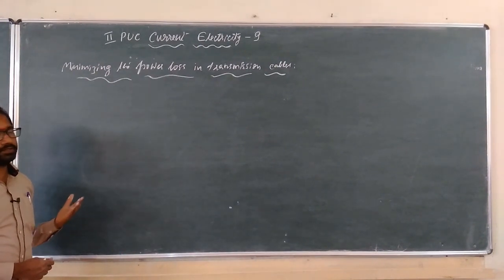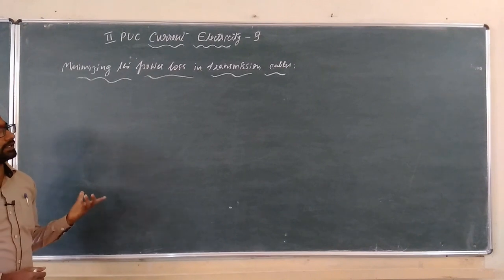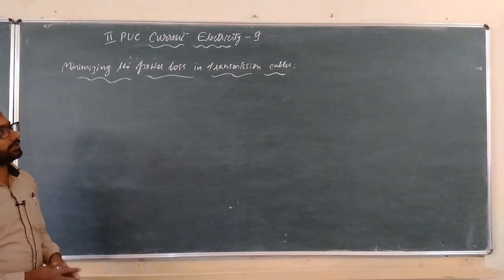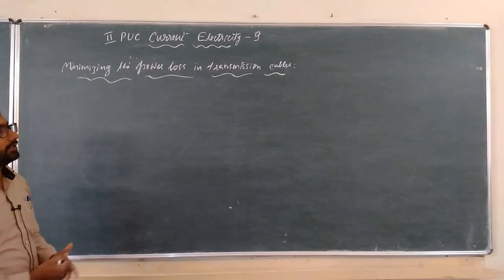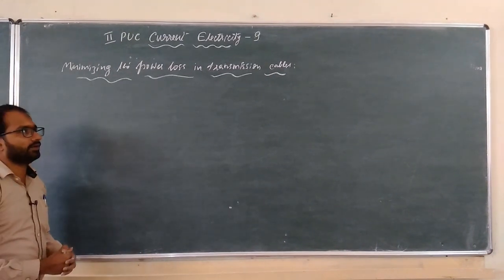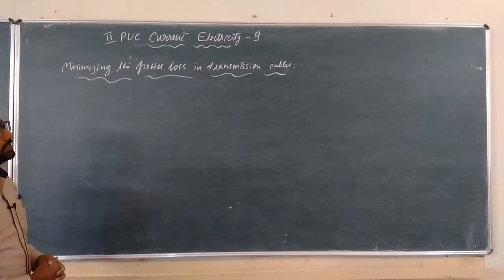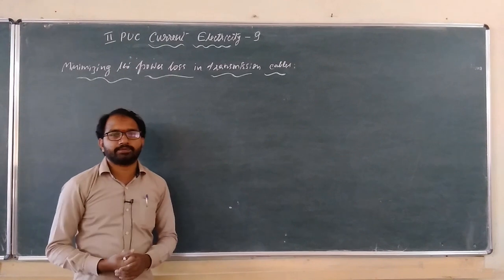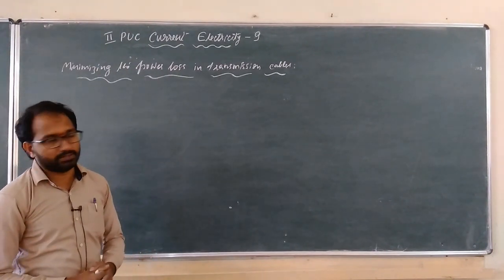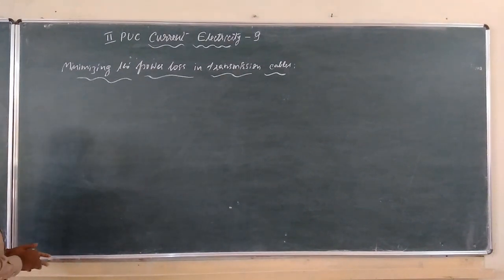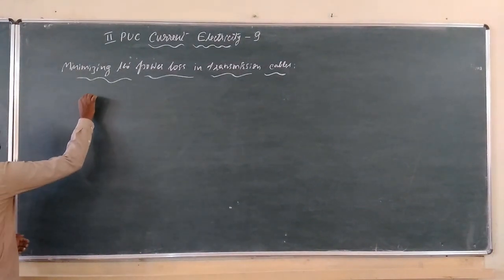Since the electrical transmission cables have a finite value of resistance, power is lost in the form of heat. Okay, so to minimize the power loss, the current is transmitted through the transmission cables at a very high voltage.